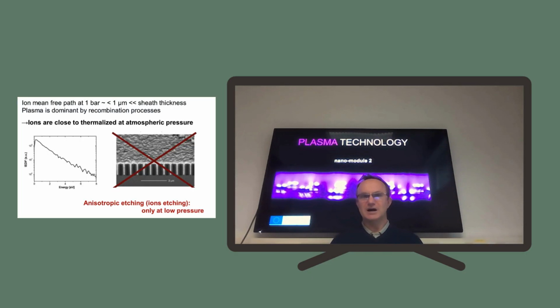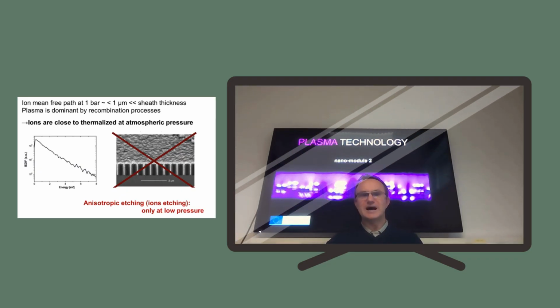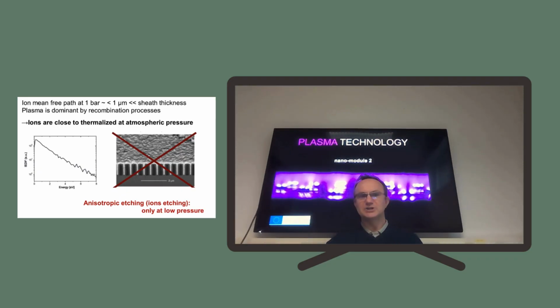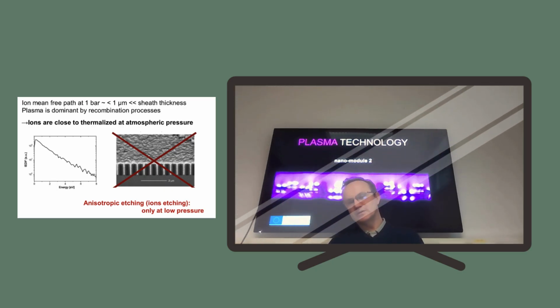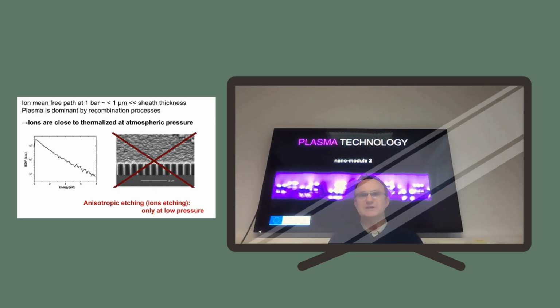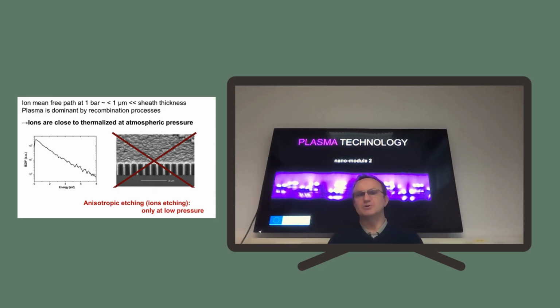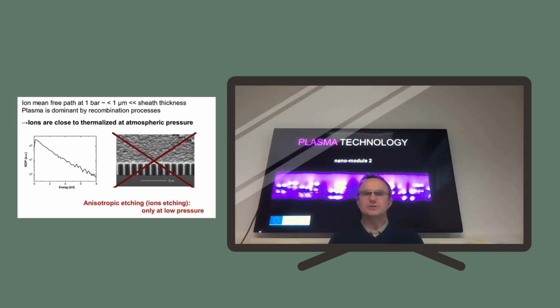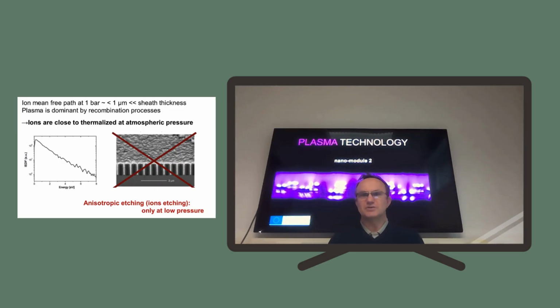And with this thermal arc, there will be no way that ions can reach high energy, because ions will collide with electrons, ions will collide with other particles, with neutrals, ions will collide with other charged particles. And the ion free path at a pressure of about 1 millibar is just about 1 micrometer, which is much smaller than the sheath thickness. So plasma is dominated by recombination at atmospheric pressure, and ions are very close to thermalization at atmospheric pressure.